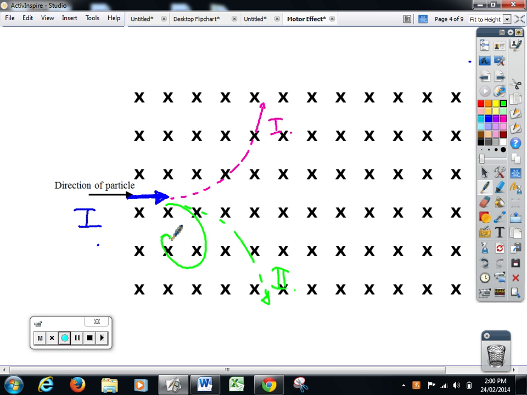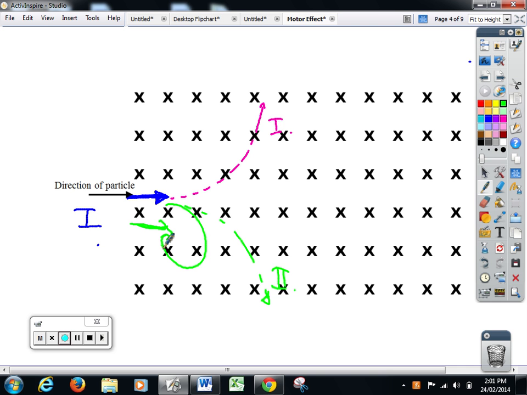Okay? So let's work it out with our FBI rule. Firstly, we want to know which direction is the force. So we're going to use our index finger to point into the board because those X's say it's going into the board. You're going to use your thumb to point in the direction of current. Now current is going that direction, so we'll point our thumb in that direction.